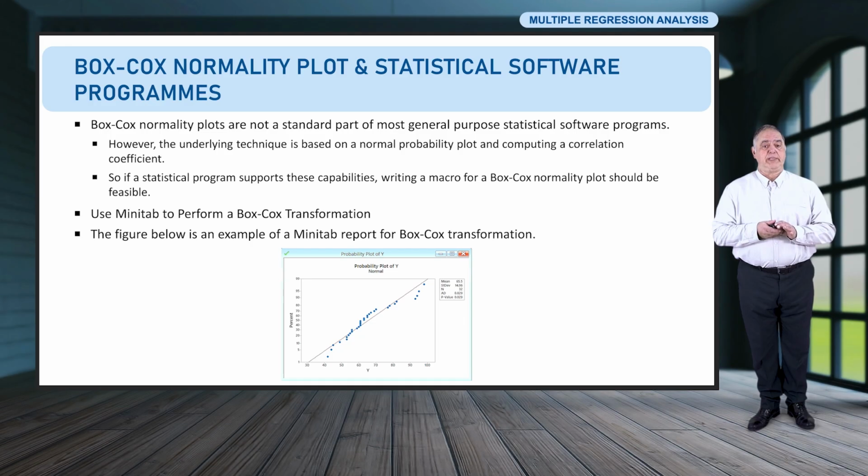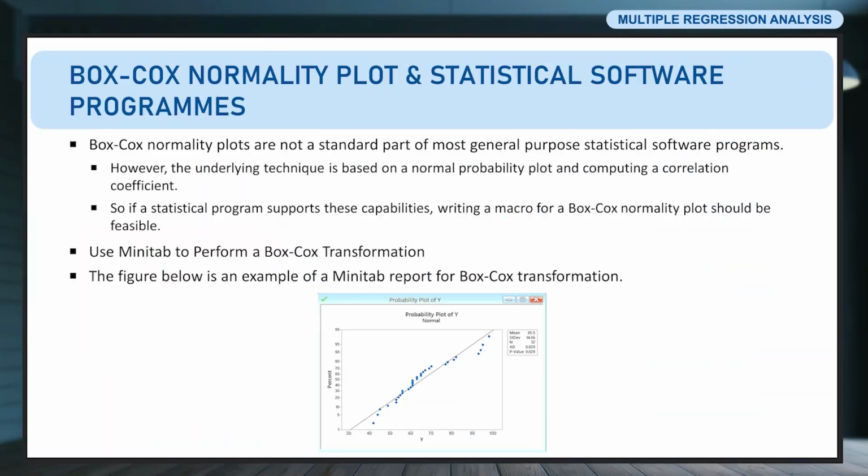Box-Cox normality plots are not a standard part of most general-purpose statistical software programs. However, the underlying techniques are based on a normal probability plot and computing a correlation coefficient, which is doable for most statistical software packages.